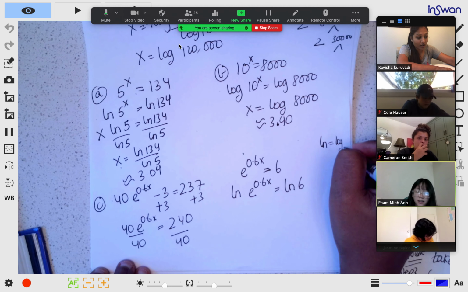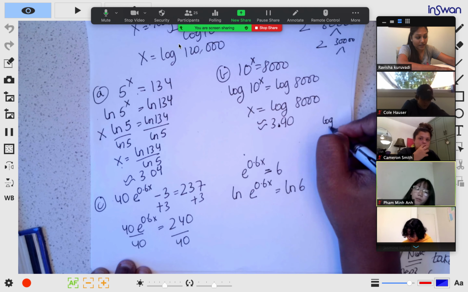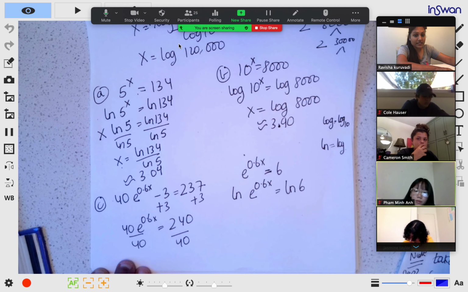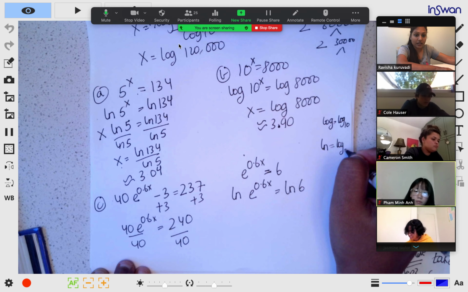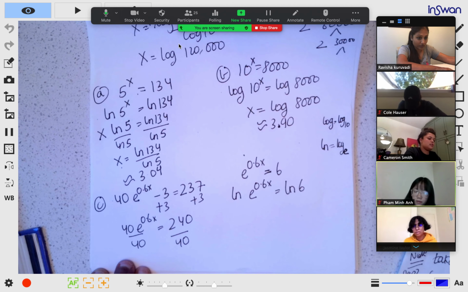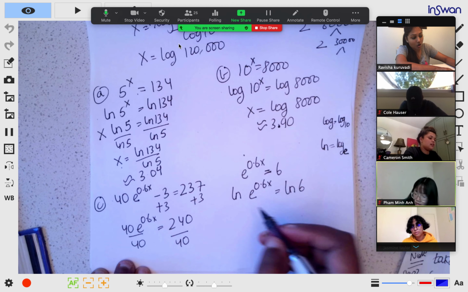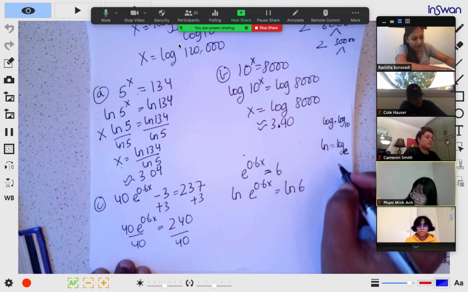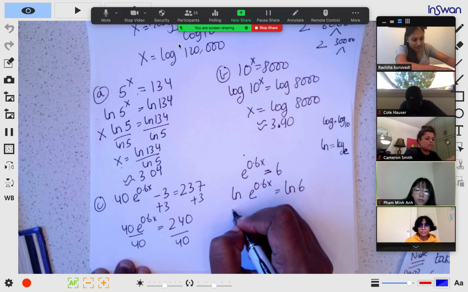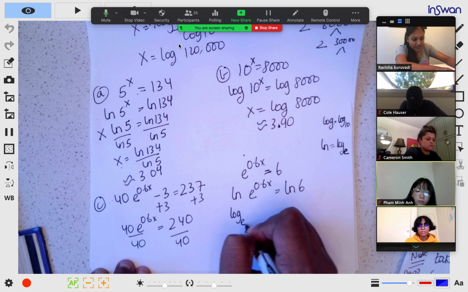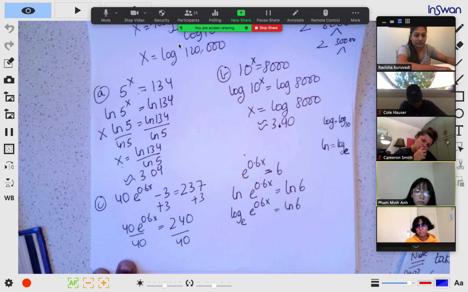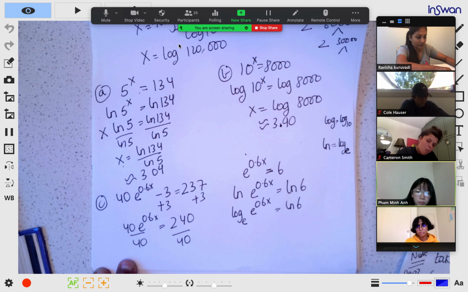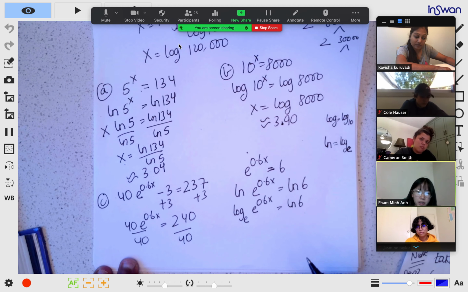That's just log. If I just write log, that's log base 10. When I say ln, it means my log base is e. Okay. So if this is log base e to the power of 0.6x is equal to ln 6, what do you get?